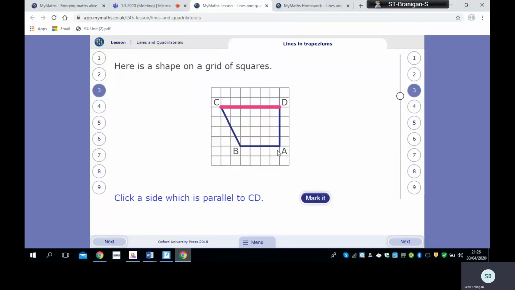And remember, parallel lines are the same distance apart, no matter how long they go on for. D to A, DA and CD, they create a perpendicular line. They create a right angle. So it must be BA because they run parallel to each other.